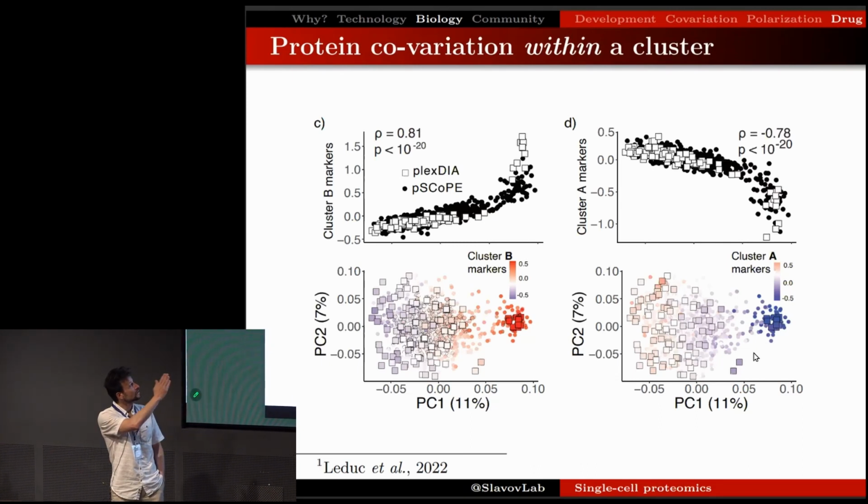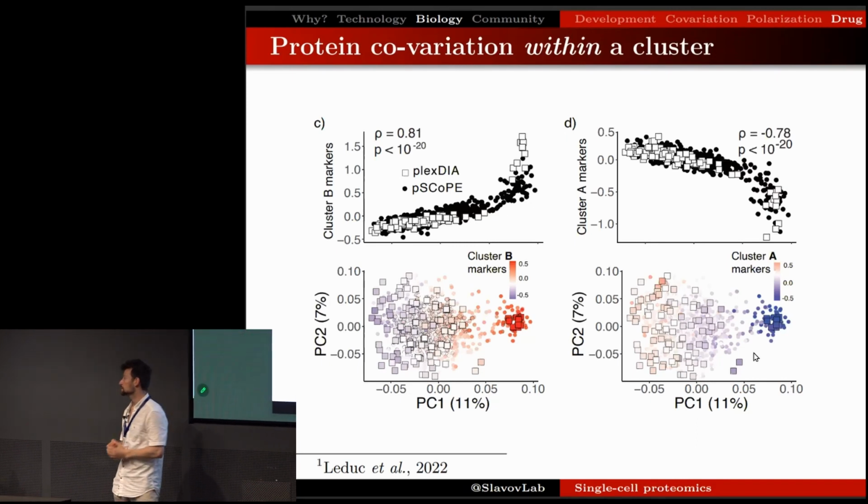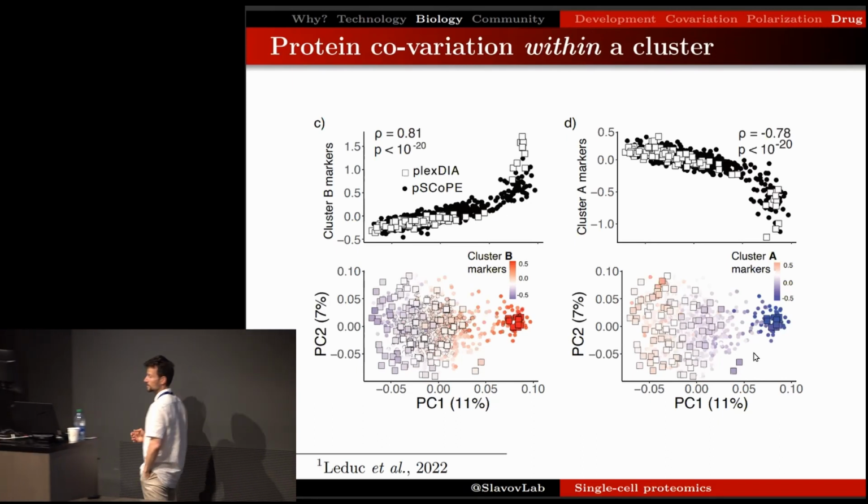This gradient that we see within a cluster is relatively weak, and it's a kind of signal that if I only had one type of measurement, I might feel uneasy to interpret biologically. But now that we have two different methods indicating that we have this gradual change of cells becoming more primed for drug resistance and then having a sudden jump into the cluster, it's something that we can establish with higher confidence.